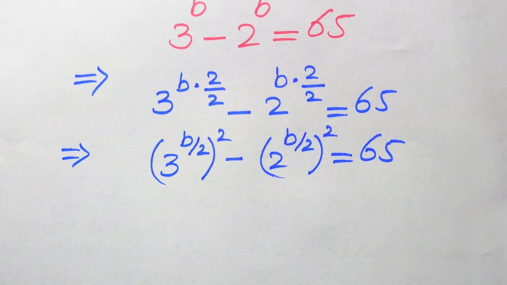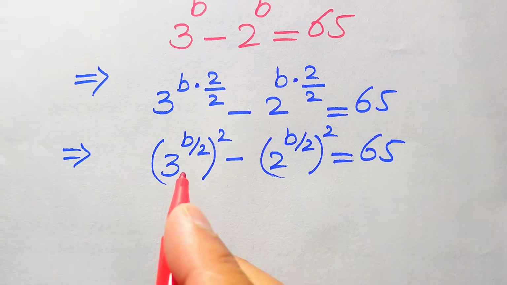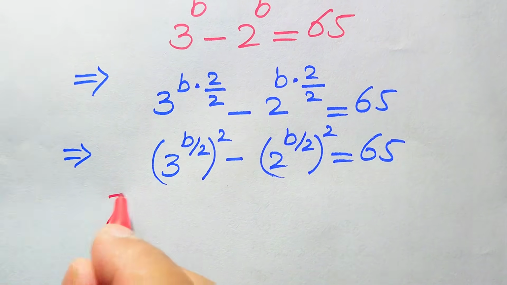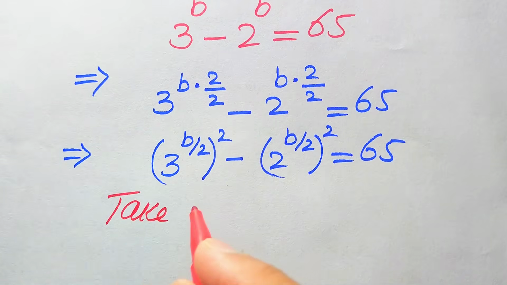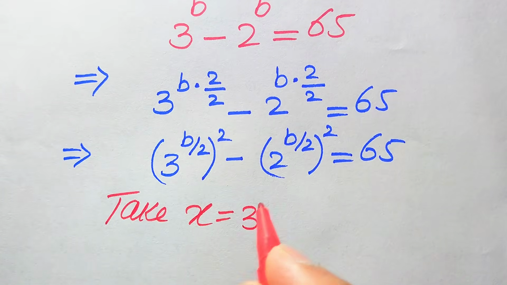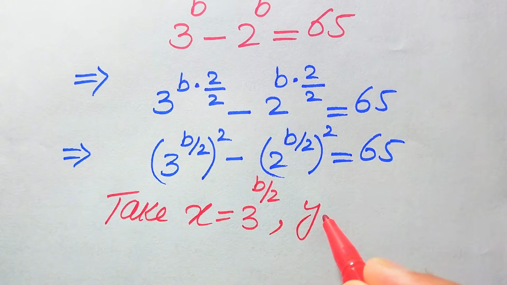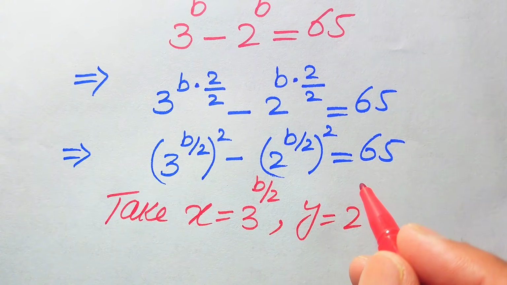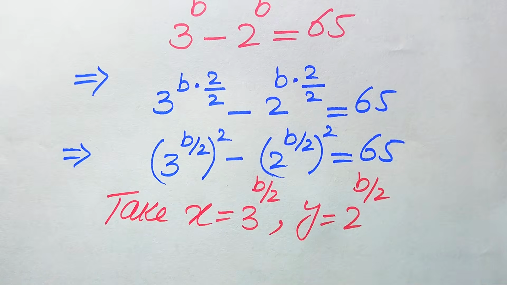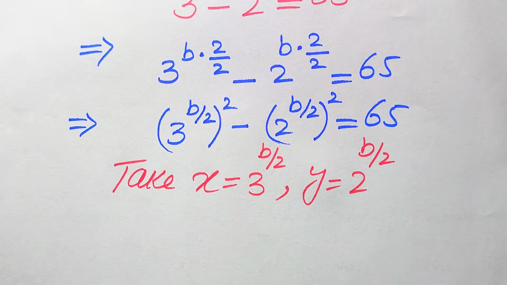Now in the next step we take the base of this term as x, so x equals 3 to the power of b over 2, and we take the base of the other term as y, and y equals 2 to the power of b over 2.